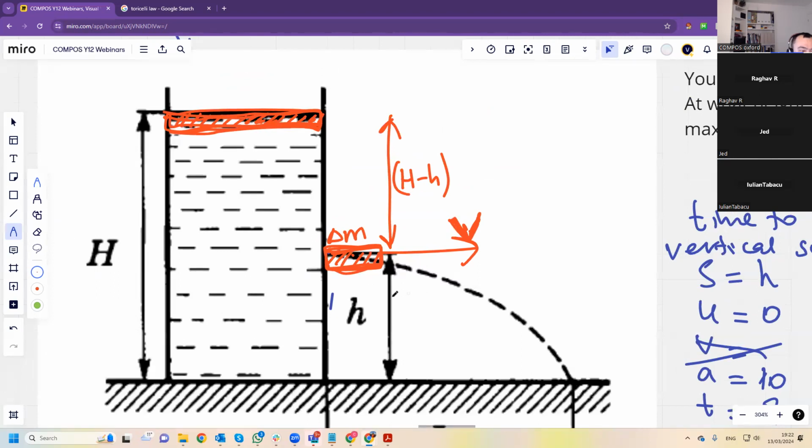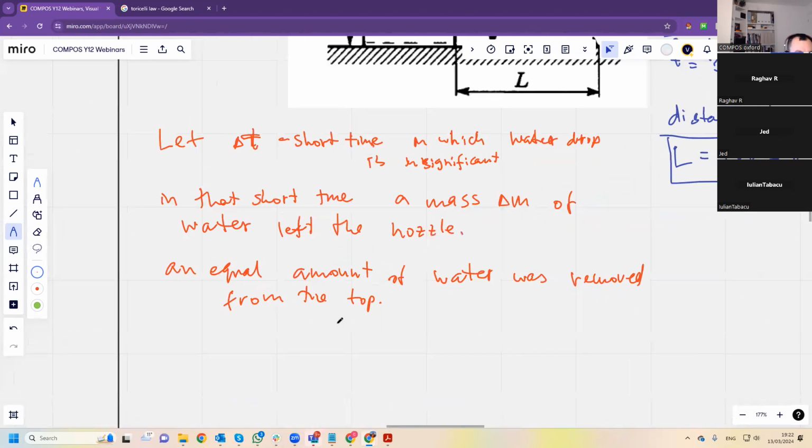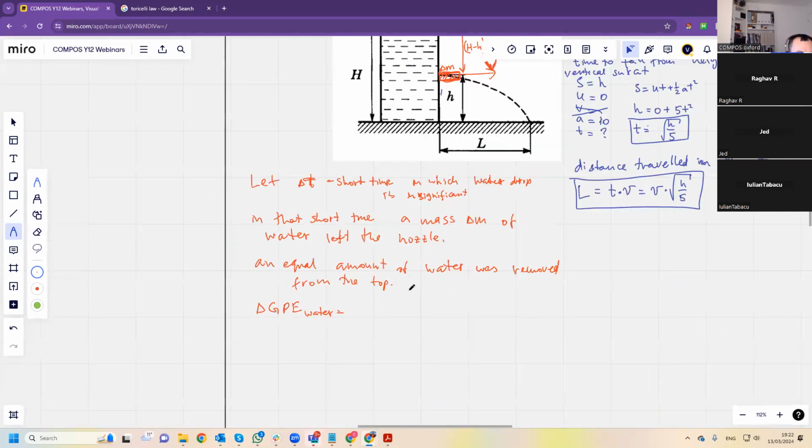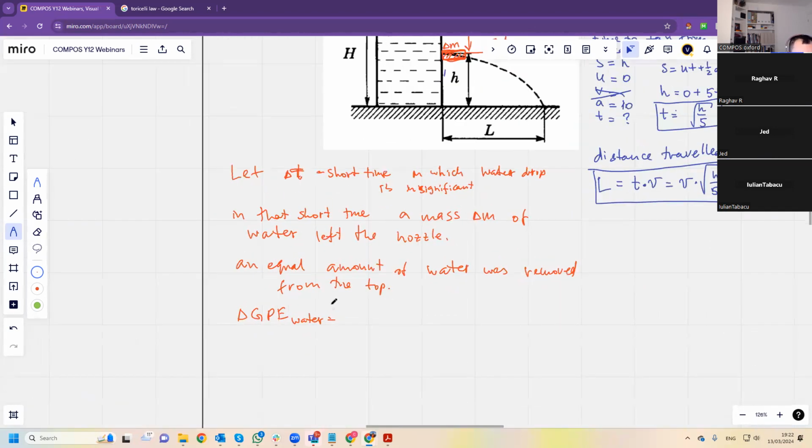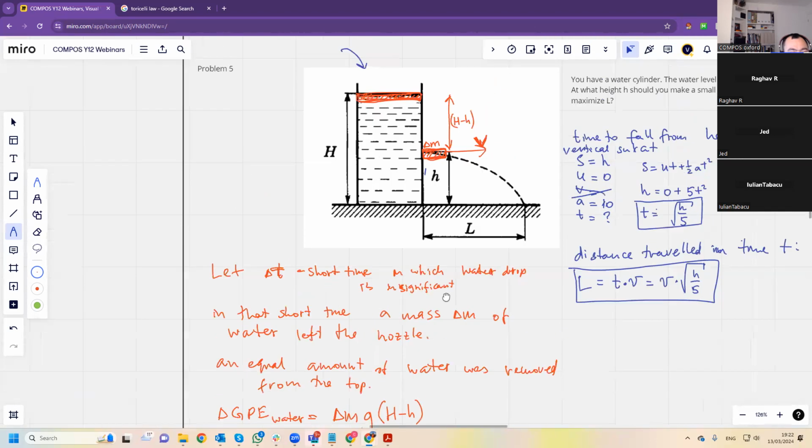The change in gravitational potential energy of the water is delta m g (H minus h), the drop in height.